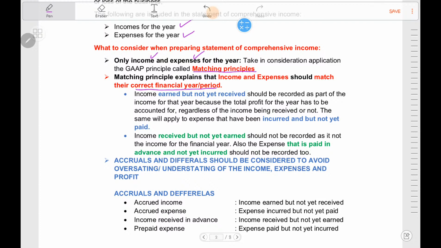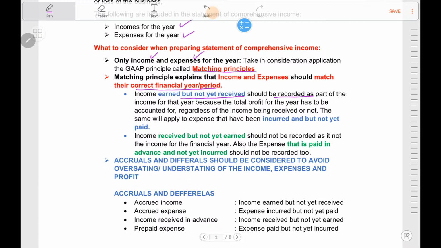Then you have to note that there are going to be certain incomes that are earned but not yet received. Here we are referring to the accrued income. So we are saying that they should be recorded because they form part of the income for that particular year, even though they were never received.